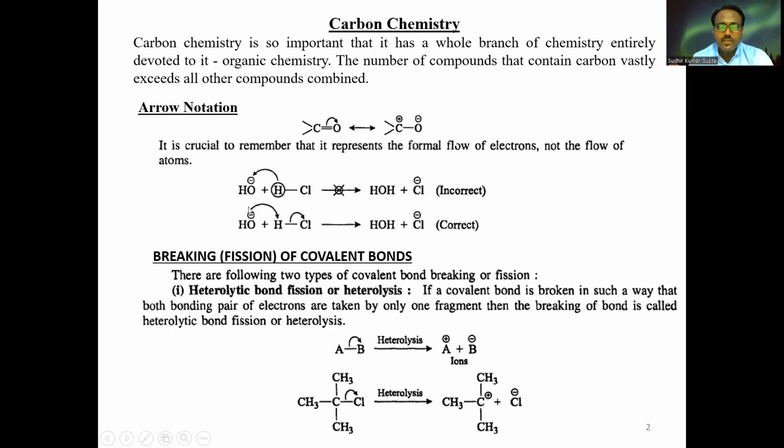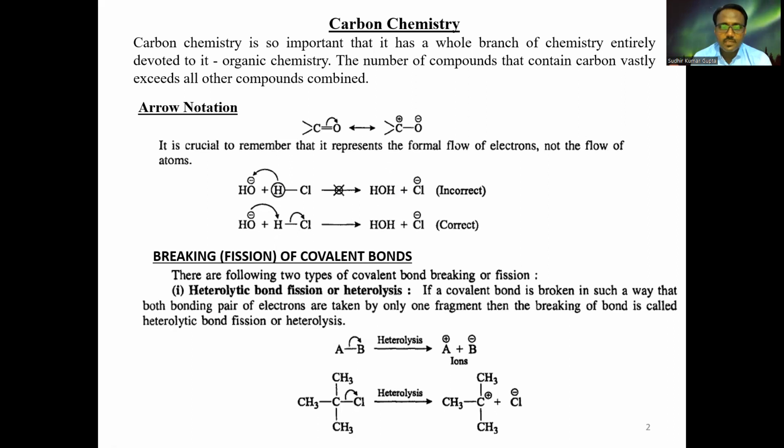So the correct direction of arrow is in the second case, not in the first case. Why? Because here the direction is in the direction of movement of this hydrogen atom. Rather, it should ideally be in the direction in which the electron is flowing. So this is the correct way to show the direction of the arrow. This arrow notation should be taken care of whenever we explain the mechanism of any reaction.